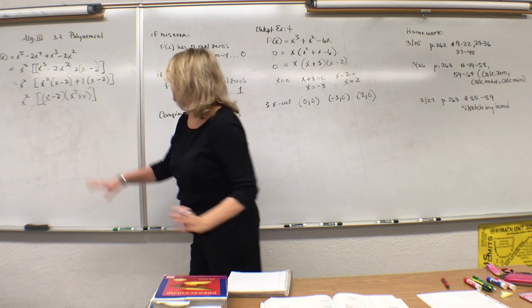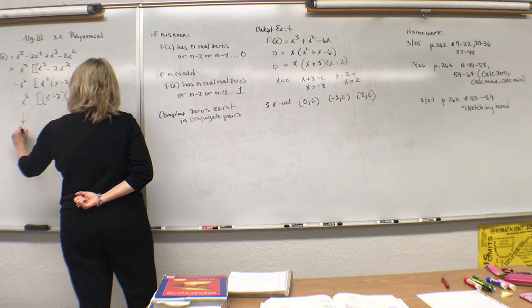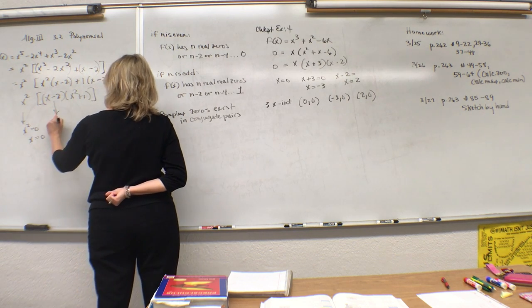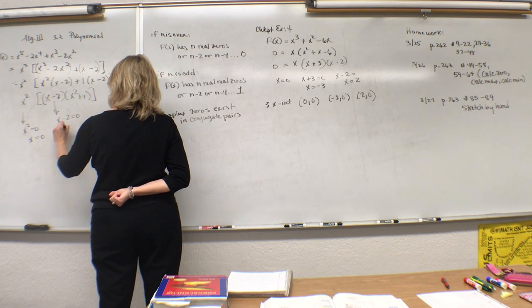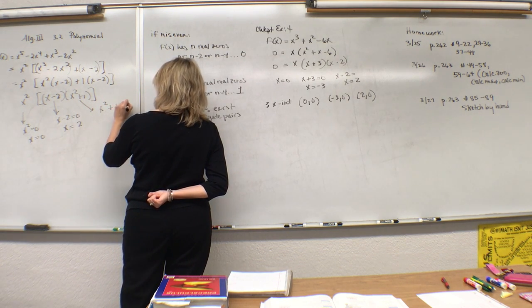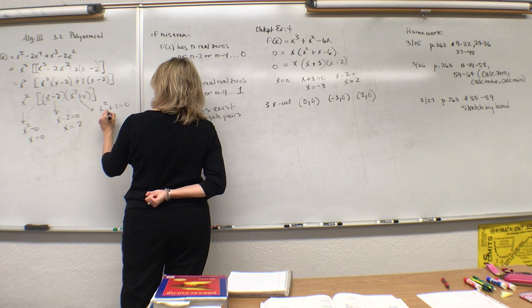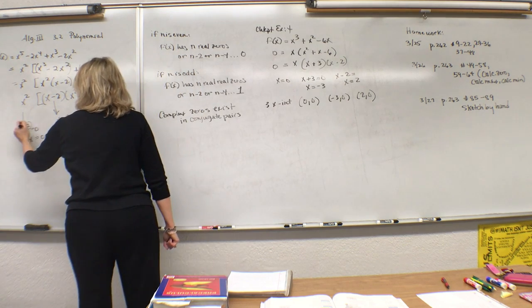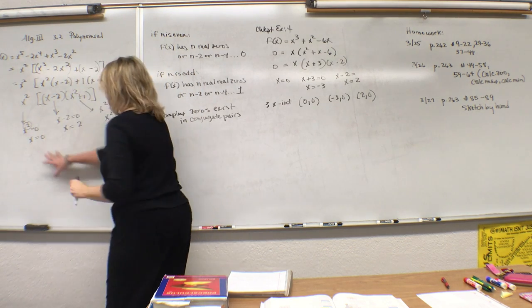Now, if I set each of these equal to 0, notice what happens with this last one. This is a squared, so we would call this a double root.